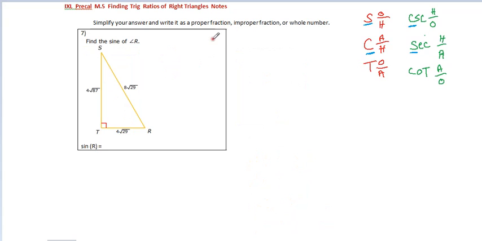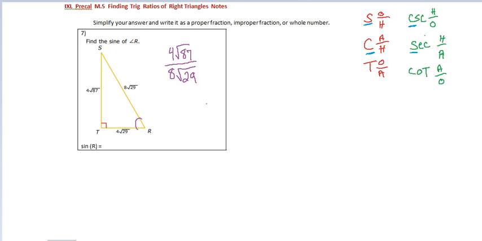Okie dokie. This last example here, we've got to find the sine of angle R. That's the opposite leg over the hypotenuse. The opposite is 4 times the square root of 87 over the hypotenuse, which is 8 times the square root of 29.